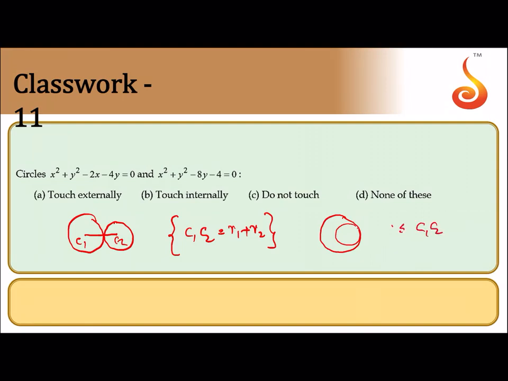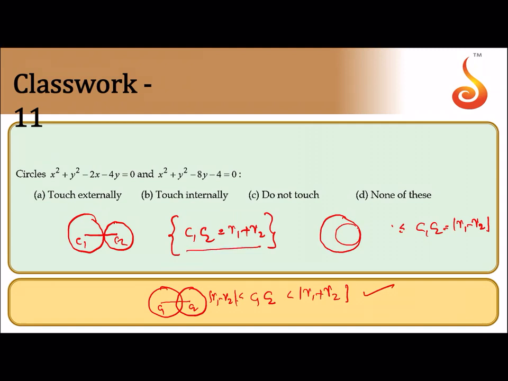When it is touching internally, then we write C1C2 is equal to modulus of R1 minus R2. When two circles are intersecting, with C1 and C2 as centers, C1C2 will lie between modulus of R1 minus R2 and modulus of R1 plus R2.